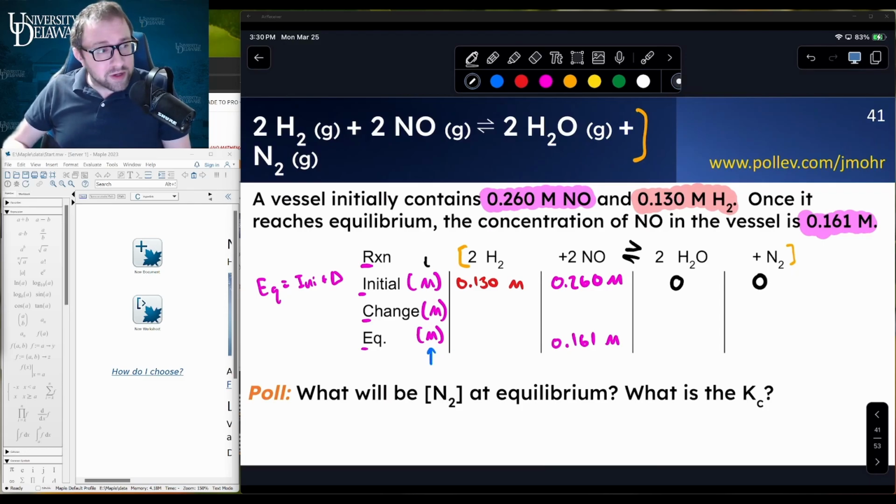So when we're looking at this, our very first question should be, what direction is this reaction going to go? Is it going to make products or reactants? Typically, when we make that decision, we compare our Q value versus our K value. Because we have zero product here, our Q value is going to be zero, right? Q is our products over reactants.